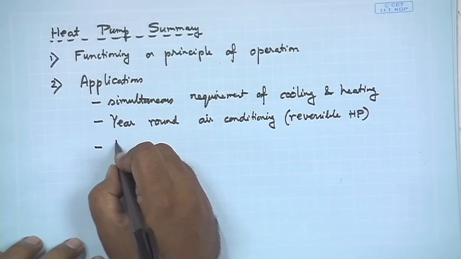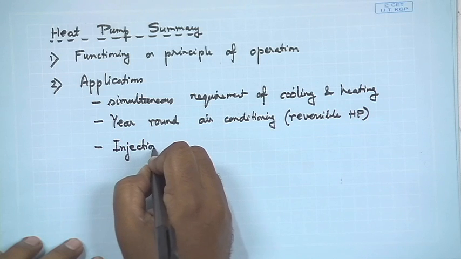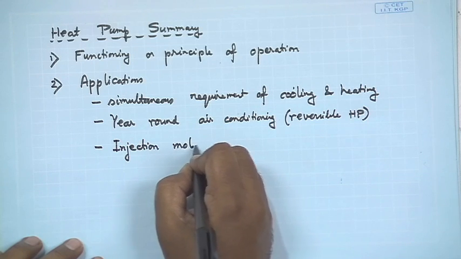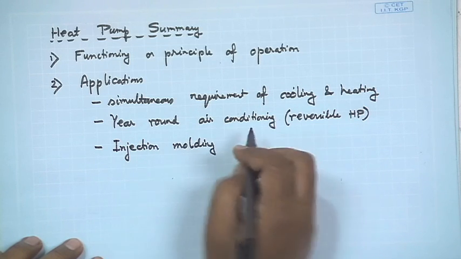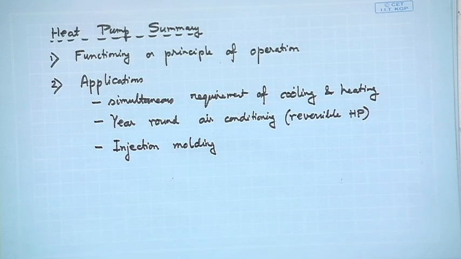Okay. Another example that we talked about was that of injection molding. Where what did we use? Where, for the output, we could think of using water, for example, at room temperature. Using a heat pump, the same water goes over the evaporator and gives rise to chilled water.